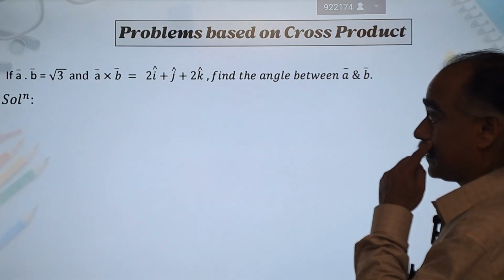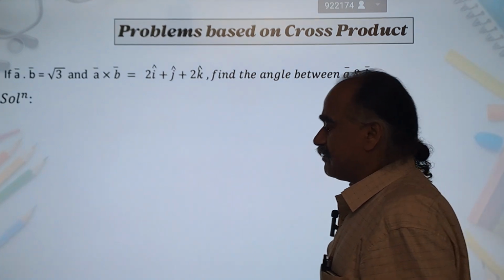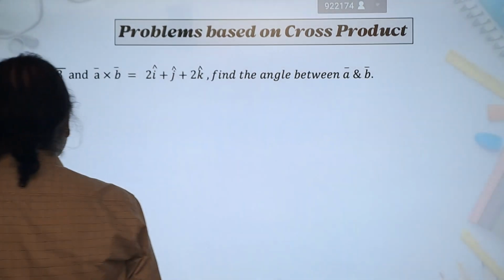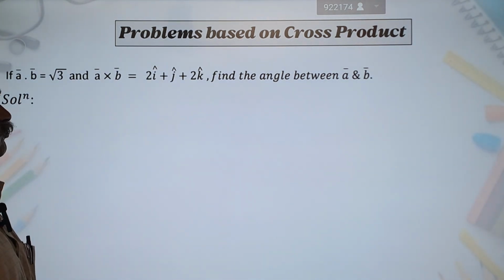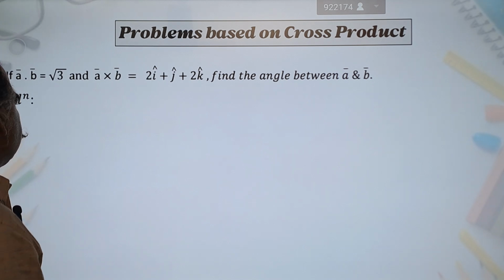Problems on cross product. The first problem is, if a bar dot b bar is root 3 and a bar cross b bar is 2i plus j plus 2k, find the angle between a bar and b bar.